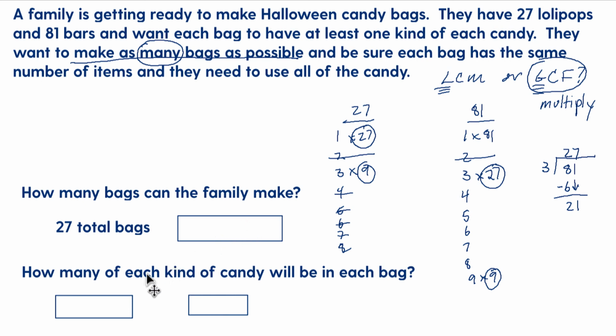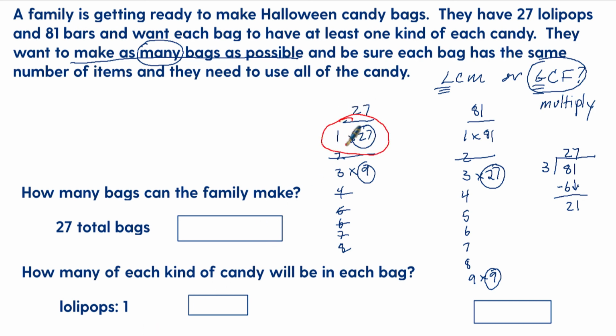And so how many of each kind of candy will be in each bag? Notice we have 27 lollipops and 81 bars of some sort. So if we focus here, the lollipops, each bag will contain 1. And that's because, let me change my color over here to red, you can see this is why 1 times 27, why we will have 1 lollipop in each of the 27 bags.